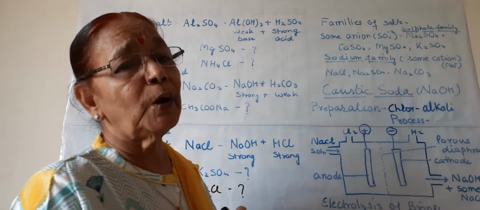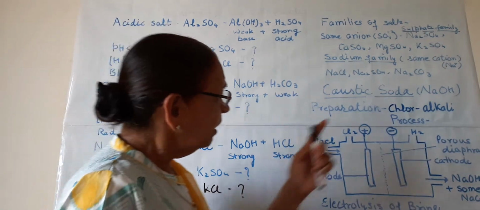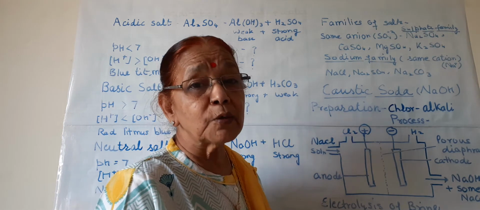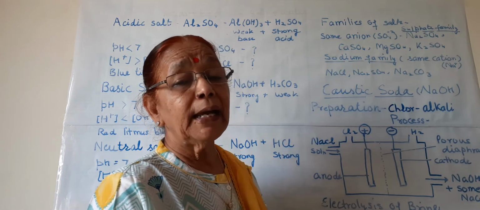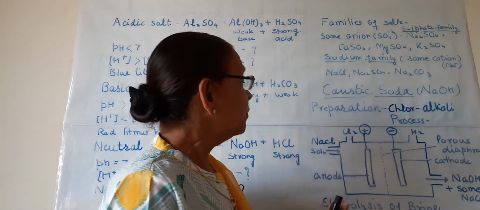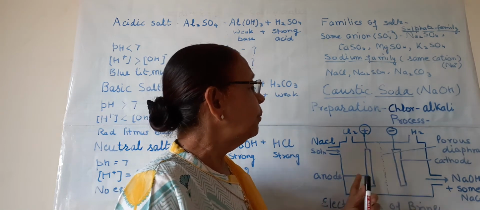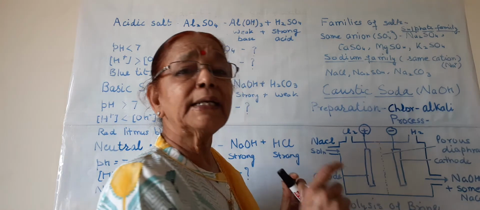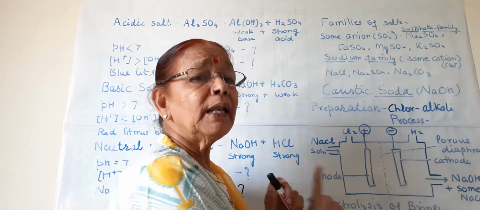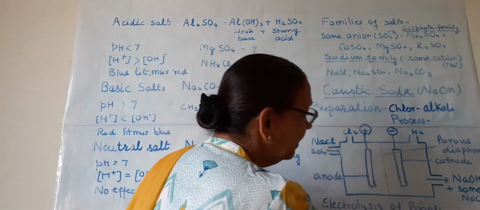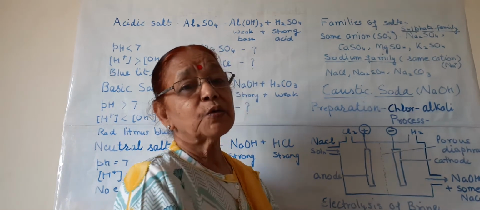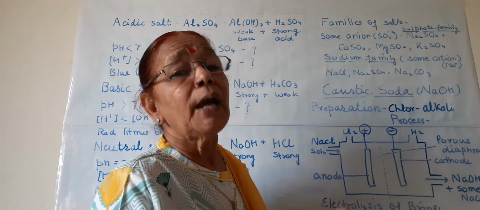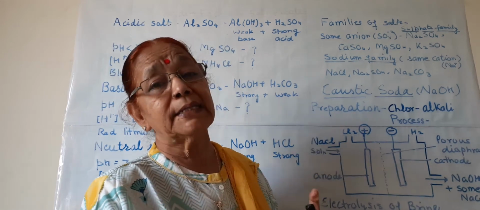is formed or prepared. This sodium hydroxide is prepared from our common salt, sodium chloride, NaCl. This is an electrolytic cell in which electrolysis of brine takes place. So what is brine? Brine is the saturated aqueous solution of NaCl.